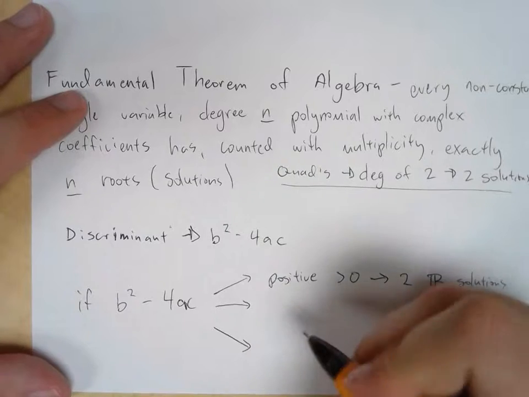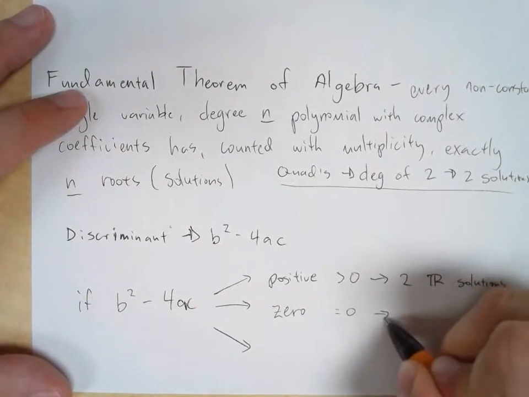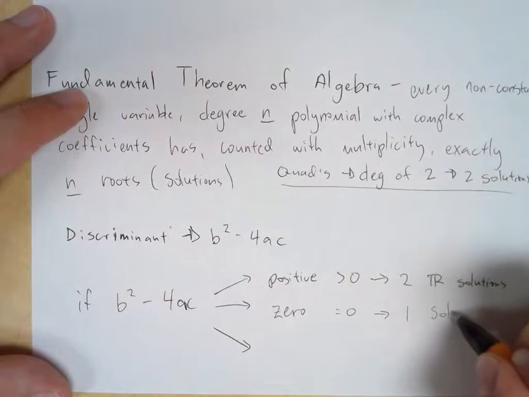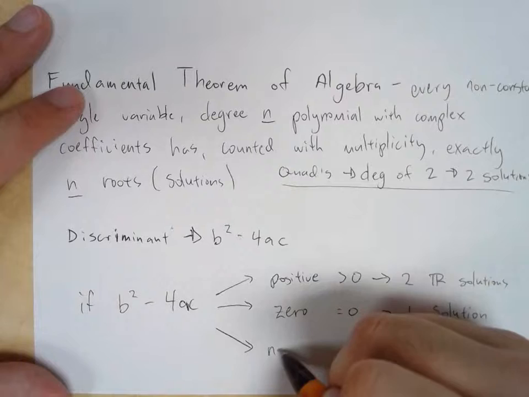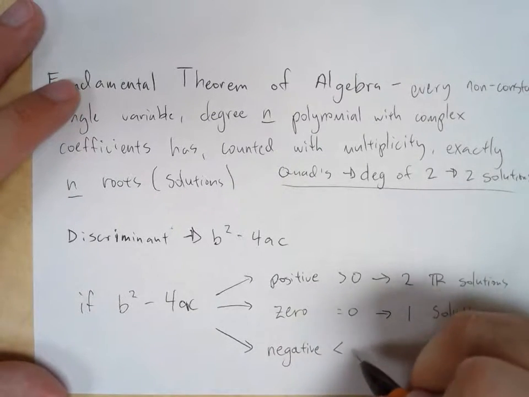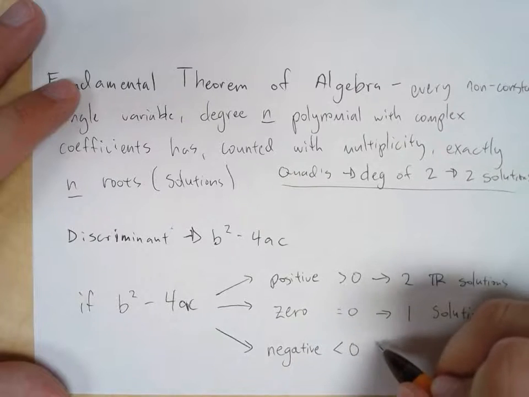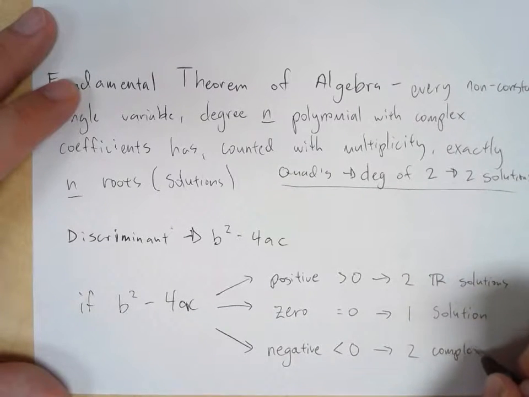We can also have a 0, where the discriminant equals 0 is going to give us precisely one solution, and it'll also be real. And then if it's negative, we used to just say, oh, no, we can't do that. Now we're going to say if it's less than 0, if it's negative, we're going to have 2 what we call complex solutions, because they're complex numbers.